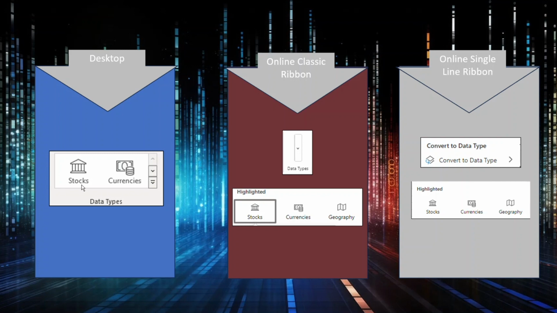When we look at stocks, I can choose the kind of information I want, for example, yesterday's closing or today's high. And then as those numbers change, my spreadsheet automatically changes. Same thing with currencies. And then with geography, I've typed in a city and state, and it will give me information about the city and perhaps the county, depending on, again, the drop-down list and the choices that I have made.